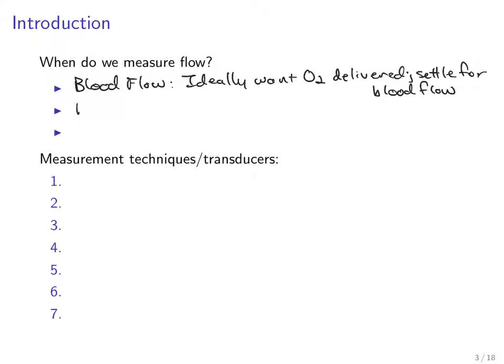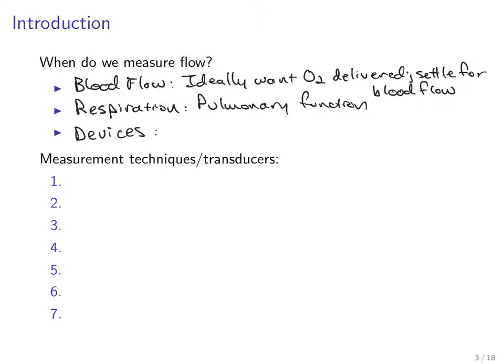We also measure flow to quantify respiration as an assessment of pulmonary function. And in various devices, we're interested in measuring flow. A very common one, for example, being a saline drip.